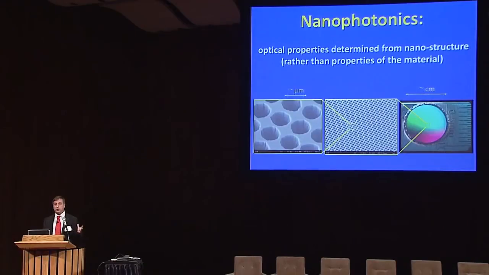It looks to light as if it's propagating in uniform materials, but in which the laws of physics have been dramatically modified compared to the bulk. By tailoring the nanostructure, we can tailor the laws of physics, at least as far as light is concerned, almost at will. Let me give you an example that illustrates that approach, of something that we did recently.